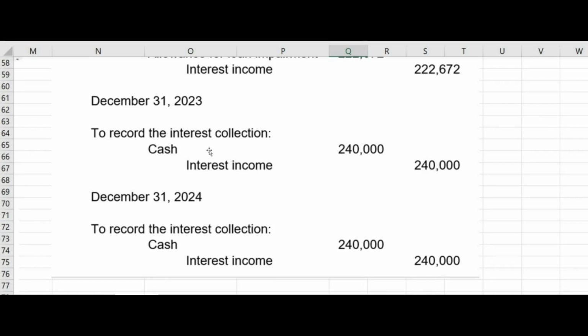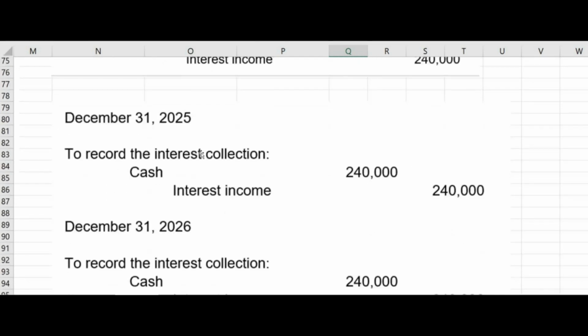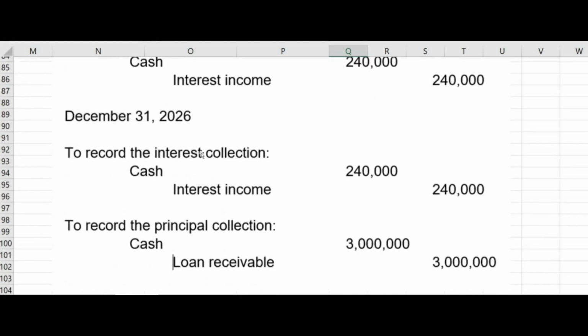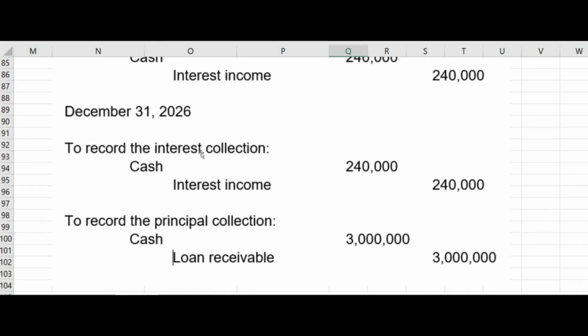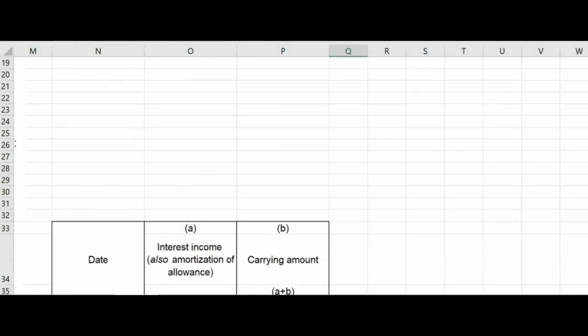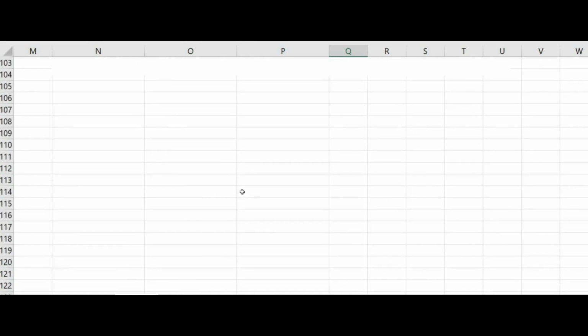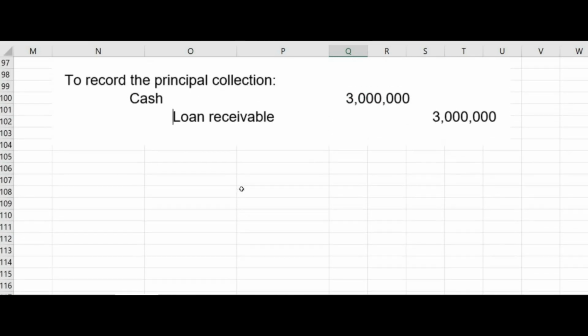So, debit cash, credit interest income. As well as in 2024 and in 2025. So, sa 2026, nakolekta na niya ang principal amount plus the interest of 240,000. Okay, so that will be the end of the second problem for impairment.